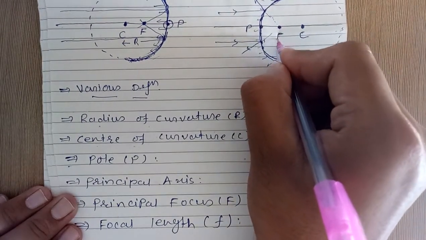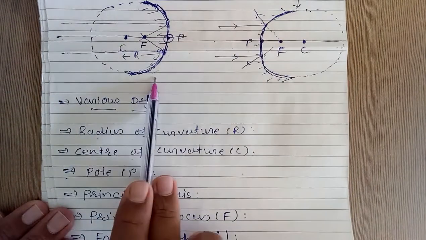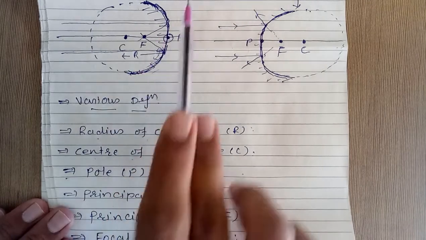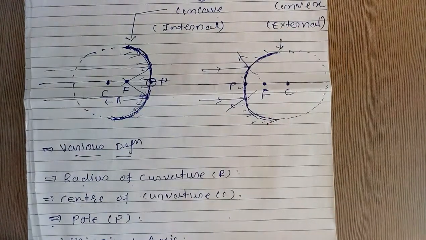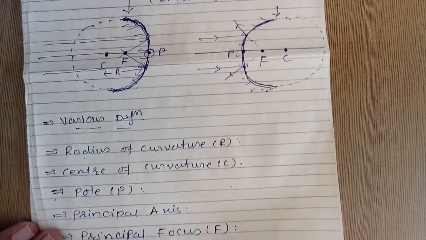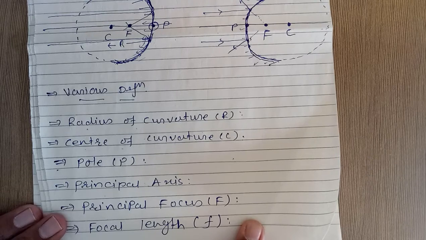So we can define the point as the principal focus F. We can say meet after reflection for concave and appear to meet for convex. So we can also write the definition like this: principal focus is the point where the rays parallel to the principal axis meet for a concave mirror and appear to meet for a convex mirror after reflection.